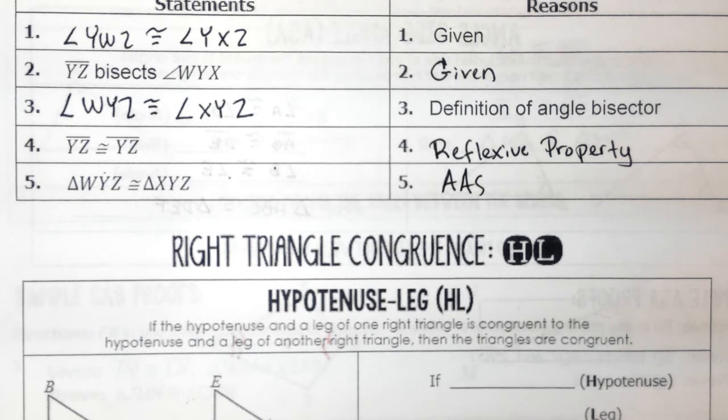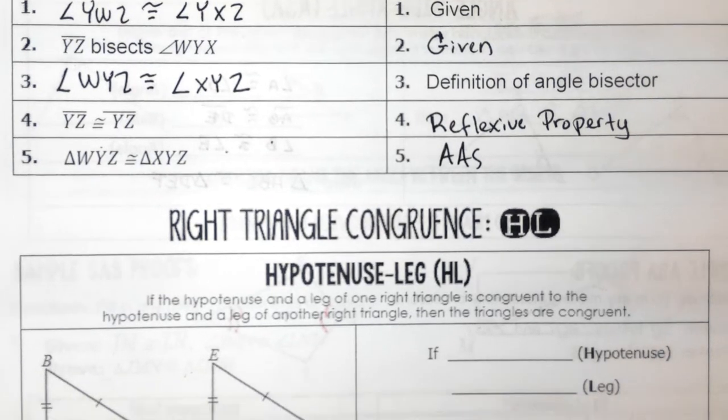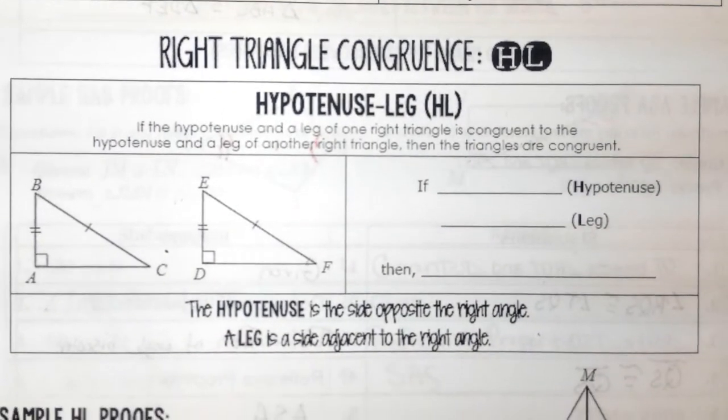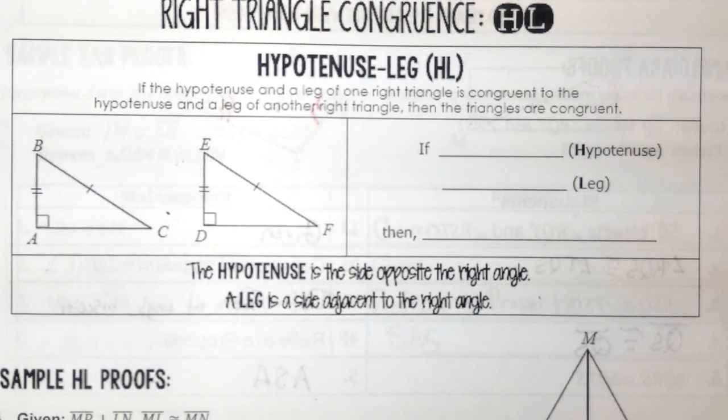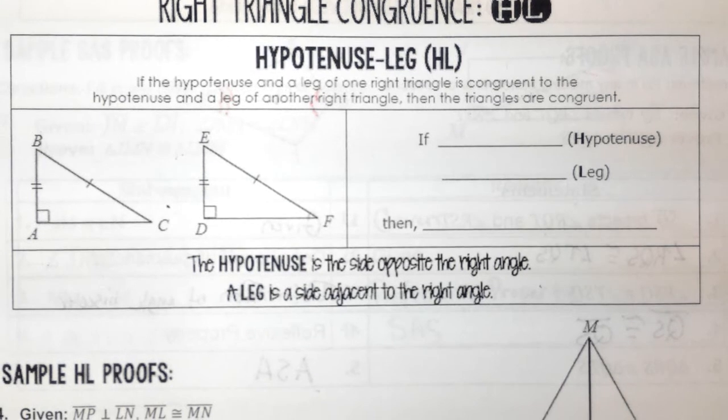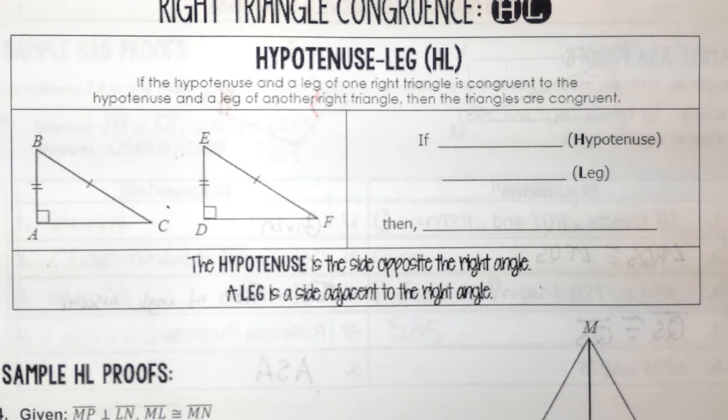Last one, HL, right triangle congruency. HL. If the hypotenuse and the leg of one right triangle is congruent to the hypotenuse and the leg of another right triangle, then the triangles are congruent. So on this one, real quick, just writing the stuff in using the triangles.